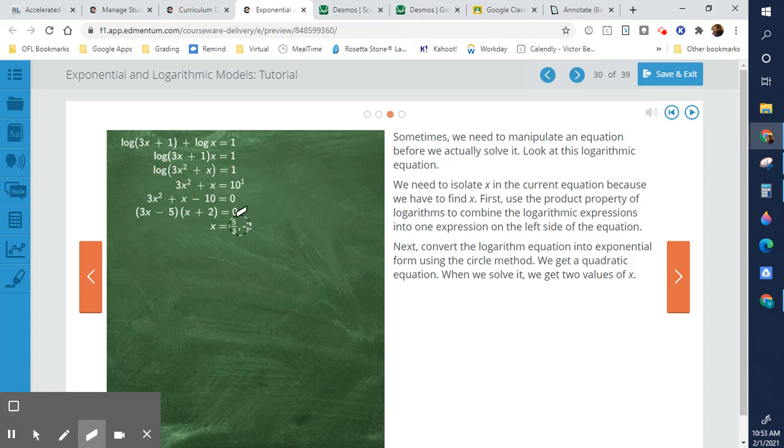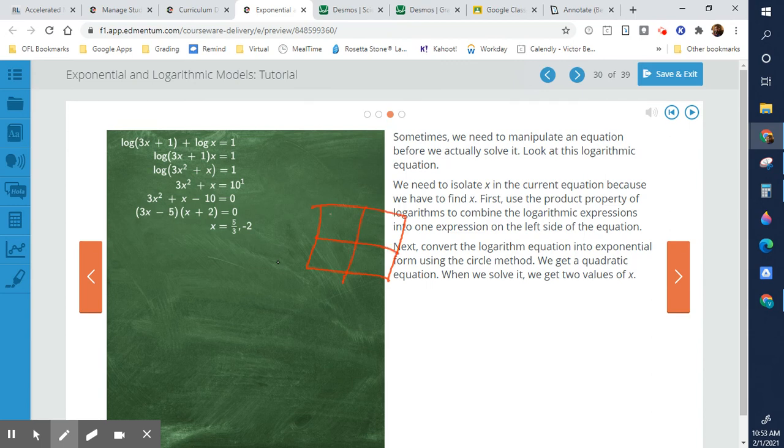So this becomes 10 to the 1 power. From here, this will be 10, and you can just subtract 10 from this side and solve it like you would a quadratic. So they don't show it. I don't think Edmentum ever shows them showing their work for factoring, but they factor it out.